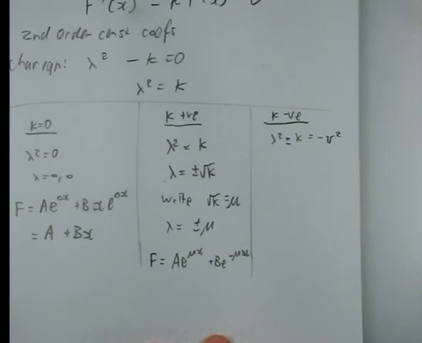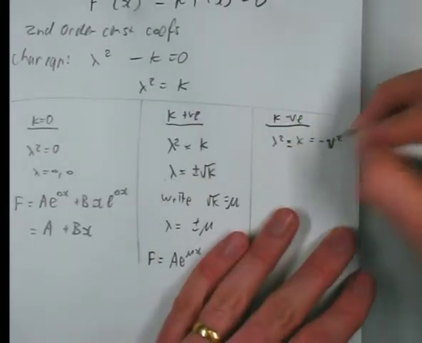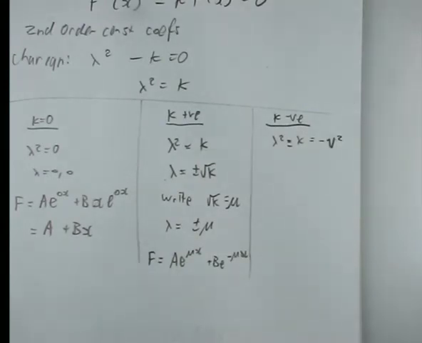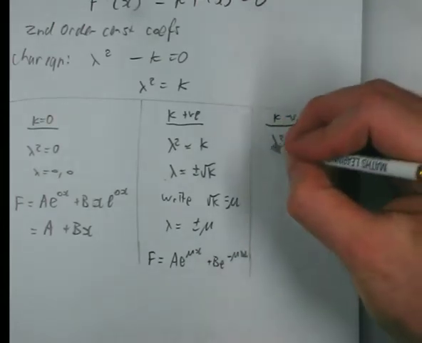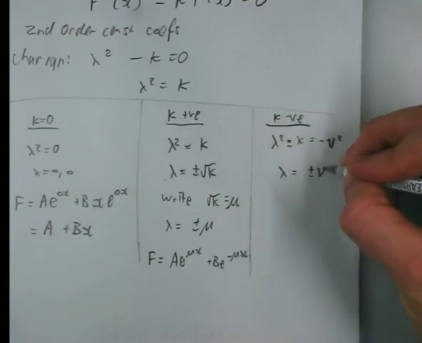Okay? That totally doesn't look like a nu. That difference is marginal, I know, but I feel better. So that's my lambda squared, and so my lambda will be plus or minus nu i.